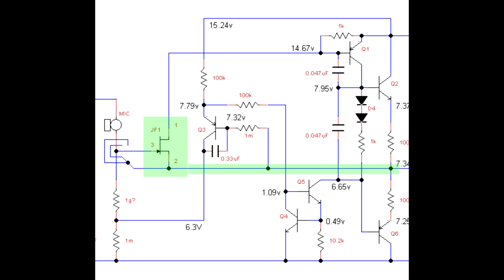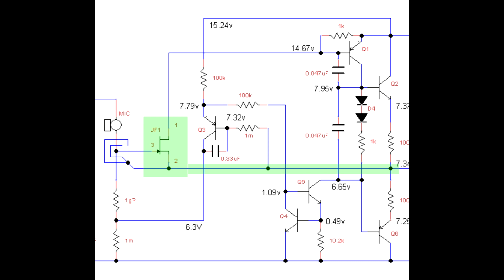So if you imagine that in our op amp we had a positive input and a negative input, and if we wanted to have feedback and have a unity gain, then the input would be on the plus terminal and the minus terminal would be tied to the output. So that's exactly what's going on here. The JFET gate is acting as the positive input and the JFET source is acting as the negative input.